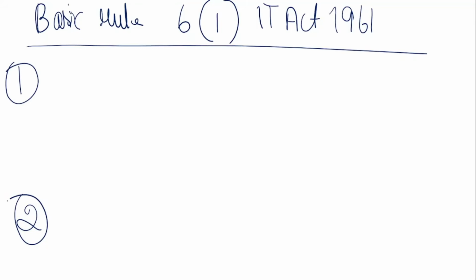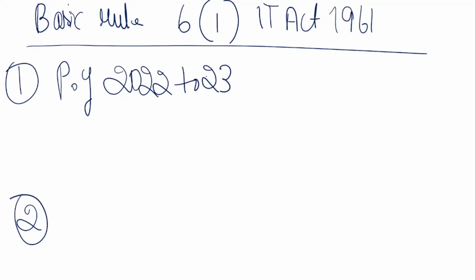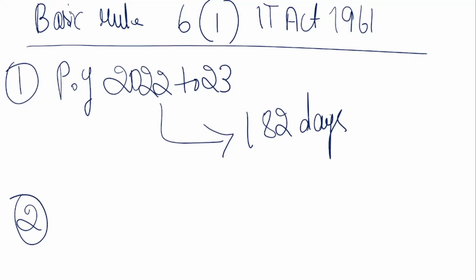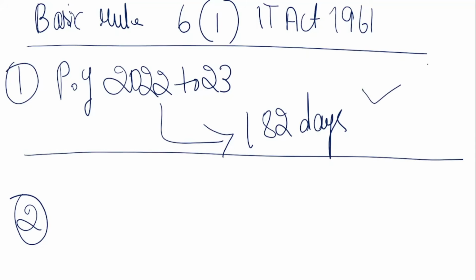Rule number 1 says that in the previous year, that is, our previous year is 2022 to 2023, the person should satisfy his stay for minimum 182 days. If he satisfies this condition, then we will not go to rule number 2. By chance, if the person is not satisfying this 182 days of stay in India in the previous year, then we will check rule number 2.